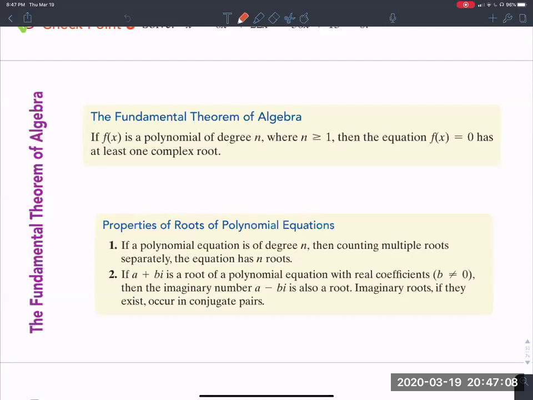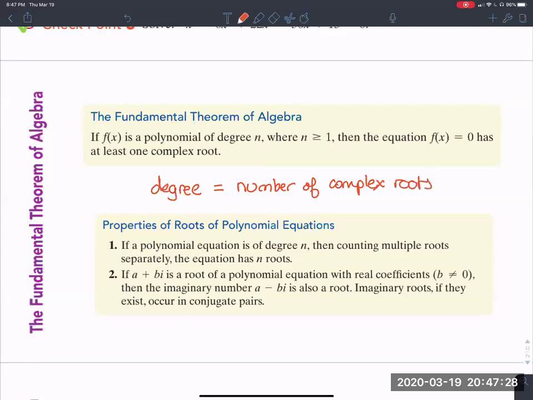Another way of saying that is the degree of the polynomial is equal to the number of complex zeros or complex roots.